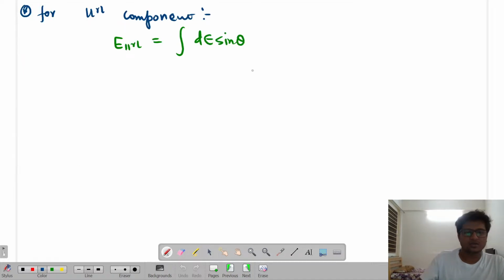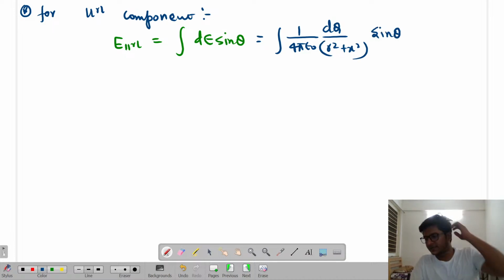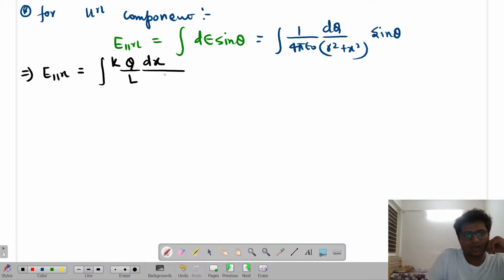So dE is equal to the integral of 1 by 4 pi epsilon naught dq by r square plus x square into sin theta. Once again, I'll write dq in terms of dl. So E parallel can be written as the integral of dq, which is q by L into dx, over r square plus x square, into sin theta.